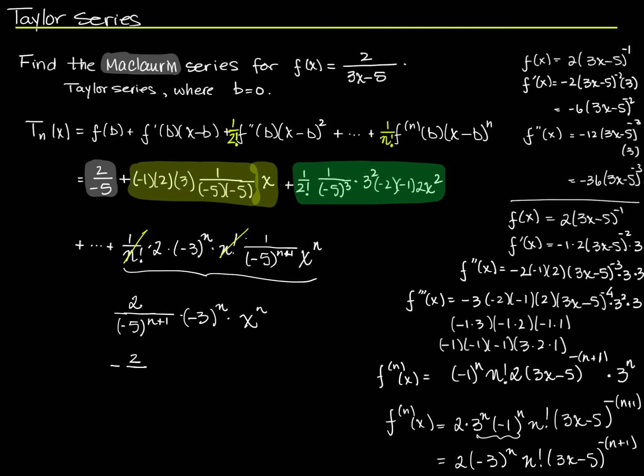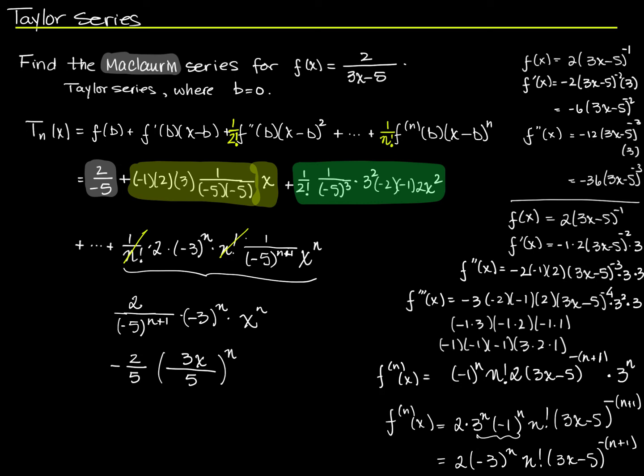I'm going to write that as negative 2 over 5. That negative in front came from this actually being 2 over negative 5. And then what's left is negative 3 to the power of n times x to the power of n over negative 5 to the power of n. And that lets me write this as a much simplified fraction. Also, negative divided by negative is a positive, so I get that. This is what my nth term looks like.